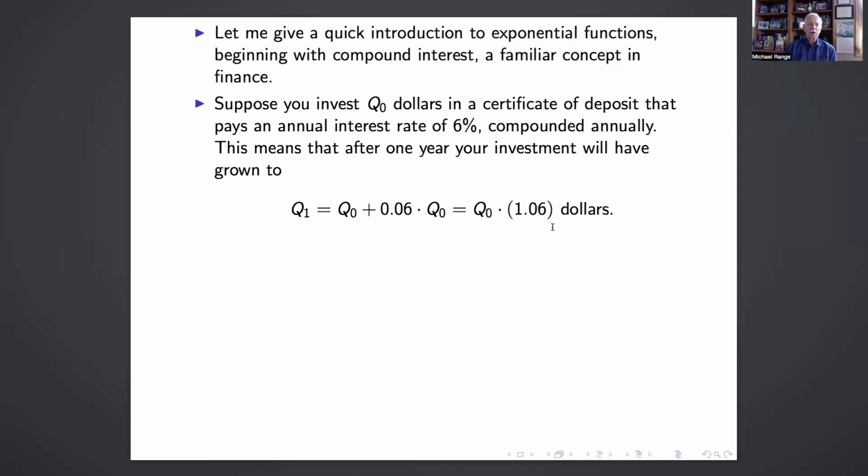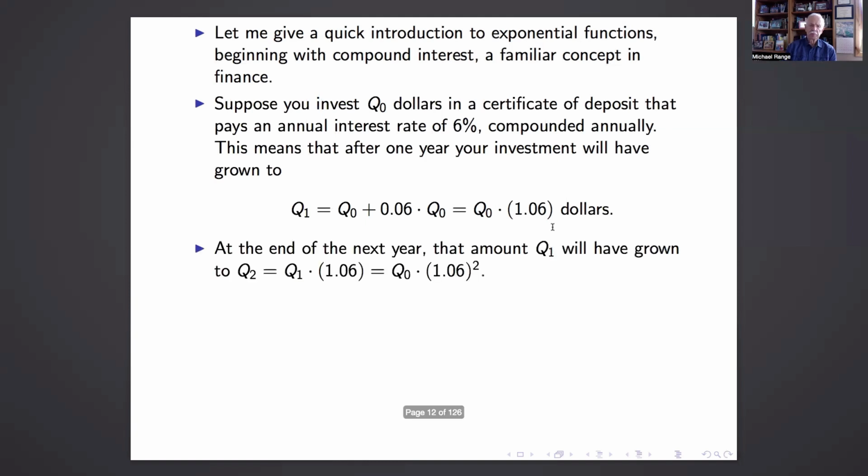This means that after 1 year, your investment will have grown to Q sub 1 equals Q sub 0 plus 0.06 times Q sub 0, and that is equal to Q sub 0 times 1.06. At the end of the next year, that amount Q sub 1 will have grown to Q sub 2 equals Q sub 1 times 1.06.